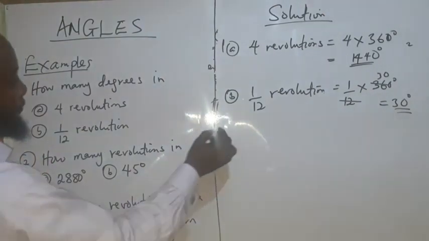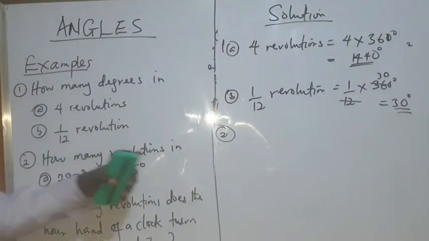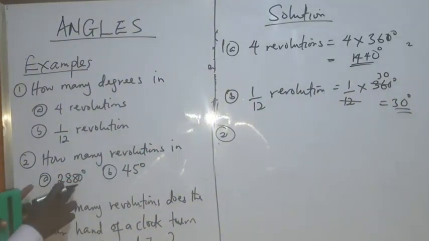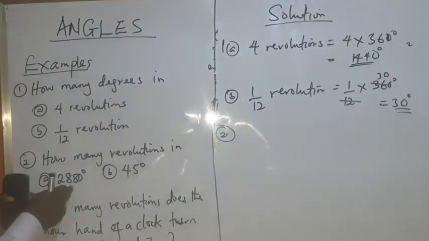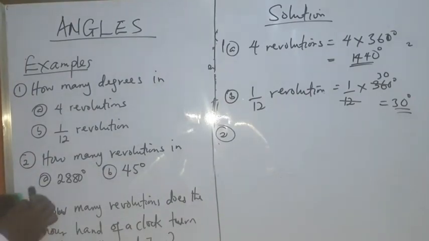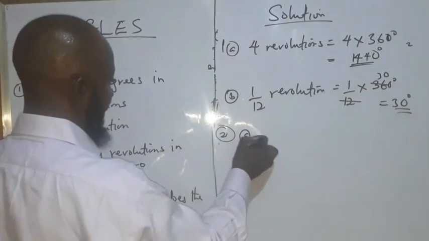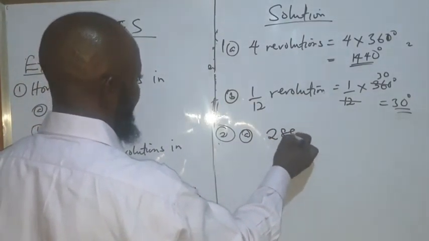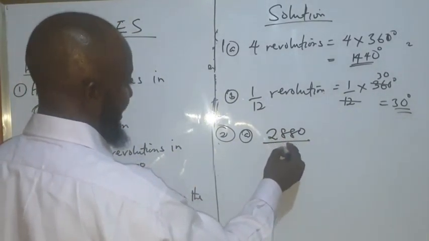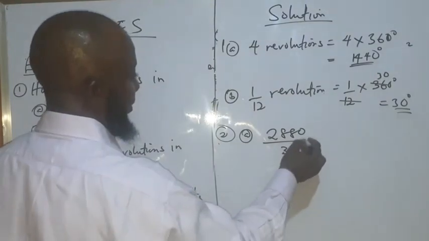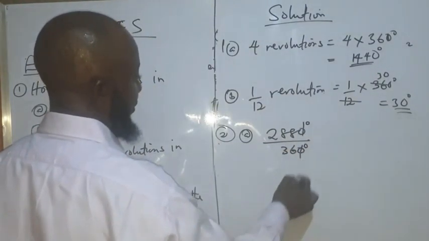Then for number 2, how many revolutions are in these angles? That is, how many 360s can we bring out from this? So that means we're going to divide this by 360. That is A. So that will be 2,808 divided by 360 degrees. 0 cancels 0.